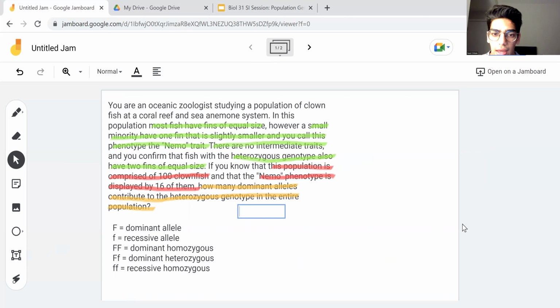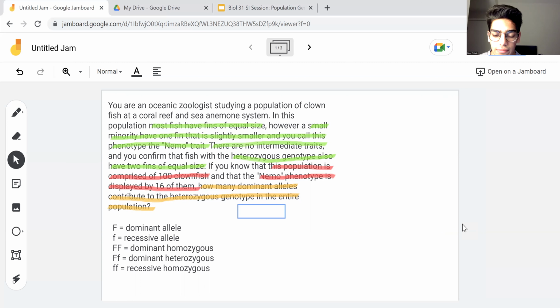The first thing we can clue in on with our numbers is that the Nemo phenotype is displayed by 16 of the fish in this population. What that would translate to in terms of genotypes is the recessive homozygous genotype.